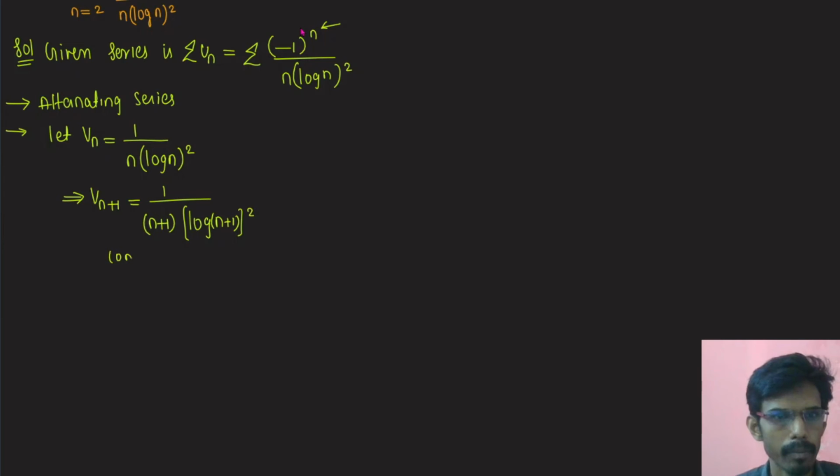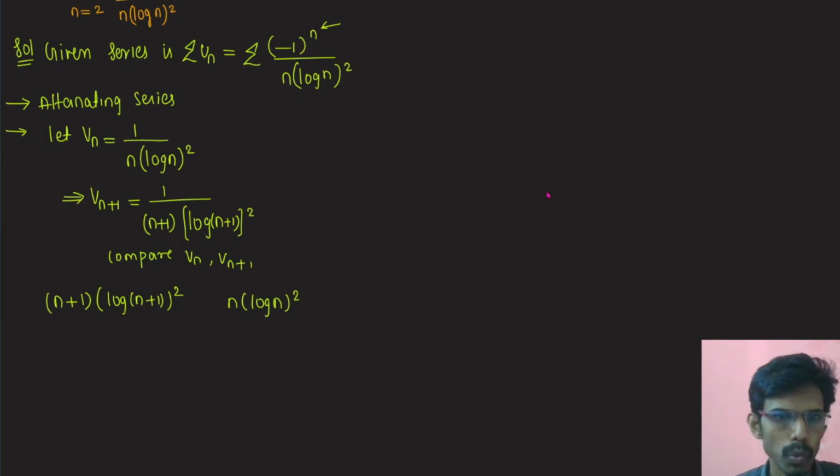Now compare Vn and Vn plus 1, starting from the denominator. The denominator of Vn plus 1 is n plus 1 into log n plus 1 whole square, and the denominator of Vn is n log n square.